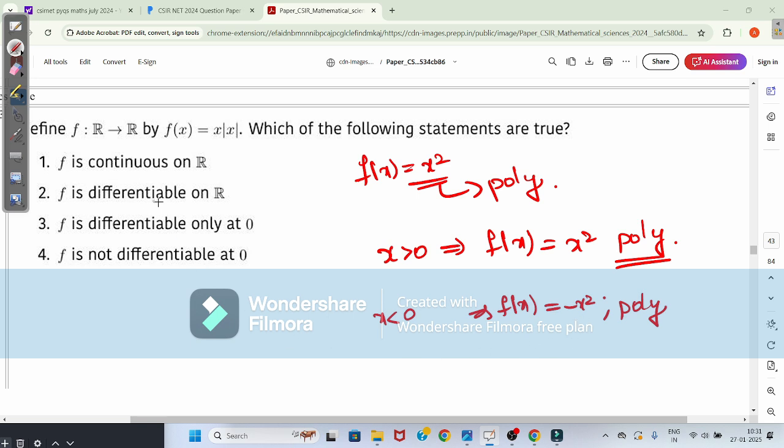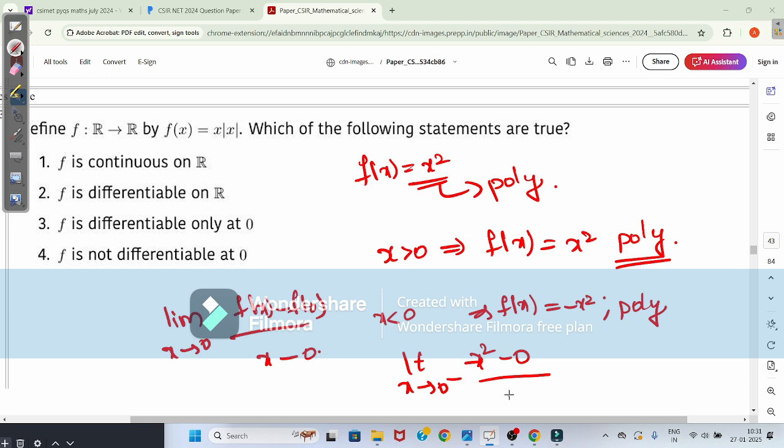Now to check the differentiability, limit x tends to 0 of f of x minus f of 0 by x minus 0. So this value becomes limit x tends to 0 minus of minus x square minus 0 by x. This value becomes minus x. When you apply the limit, this value becomes 0.